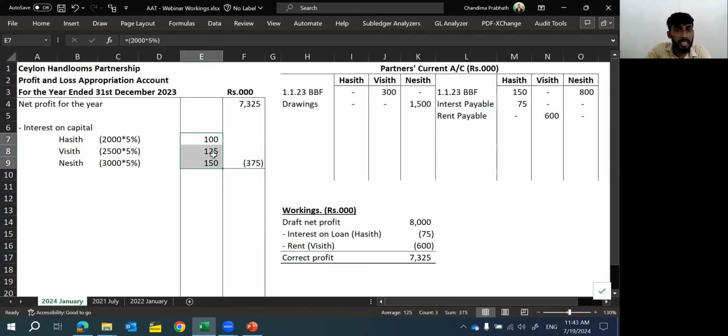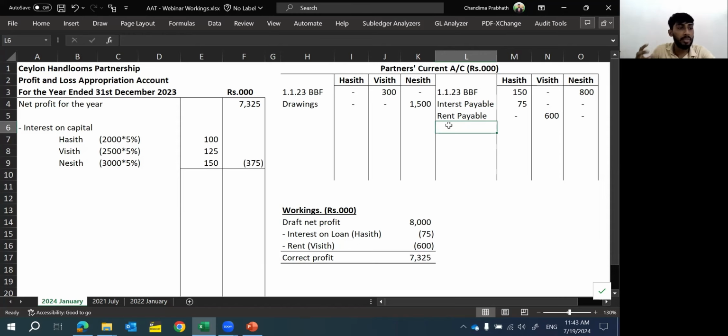So how to record this then? This is a reduction, so I'm putting this as a debit, my dears. This is a debit to the profit or loss appropriation and credit to the partners' current accounts. Why?